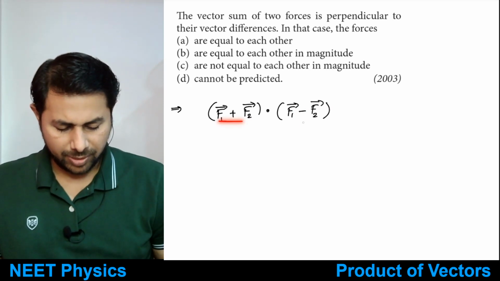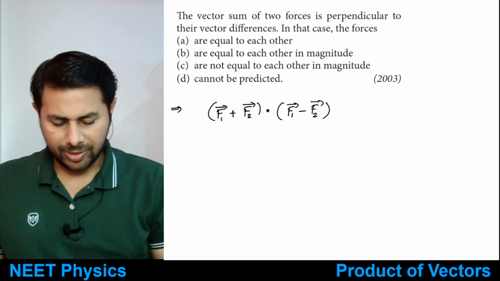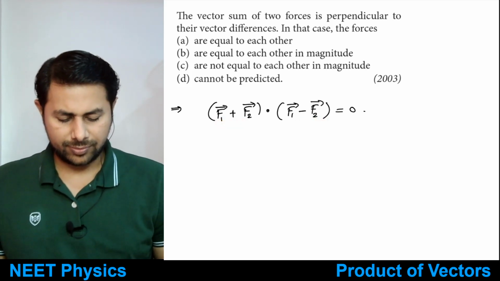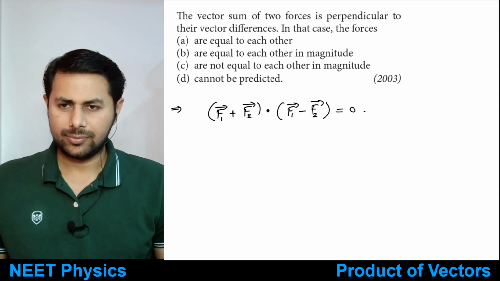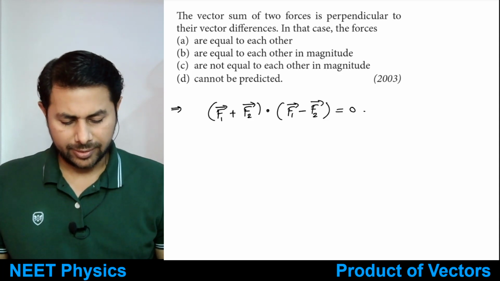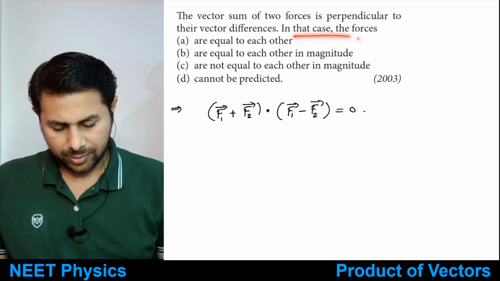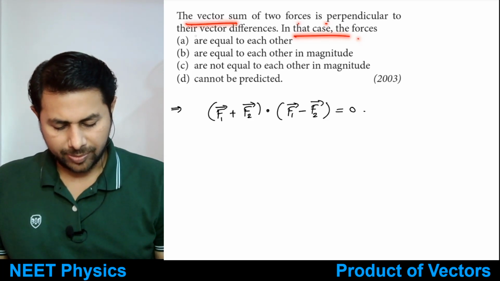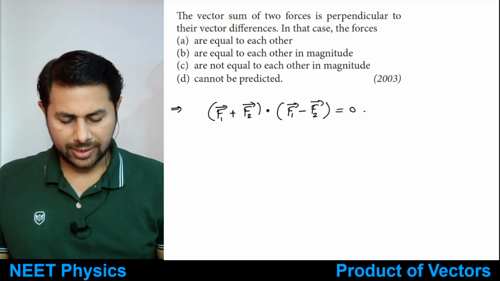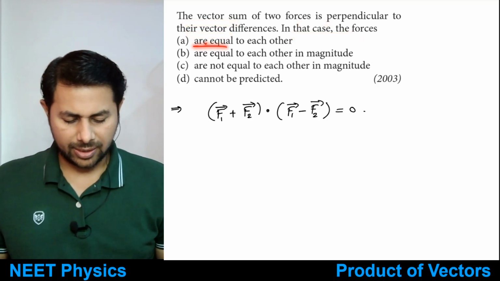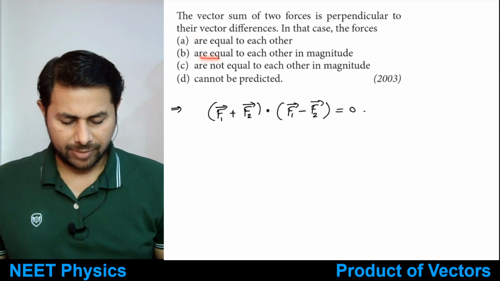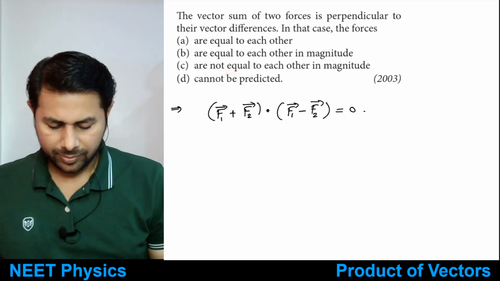And if this is perpendicular, the dot product will be equal to what? It's equal to 0, right? So the vector sum of two forces is perpendicular to the vector difference. In that case, are the two forces equal to each other in magnitude or not equal? So let's see.